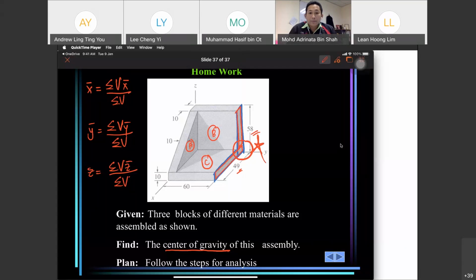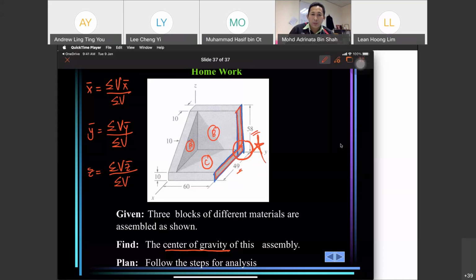Okay, so try and you can get the answers. So for me, this is the end of our chapter, which is center of gravity. We don't have any specific tutorials about this, but you can try from the textbooks. You can look at the examples and the problems or questions from the textbooks.